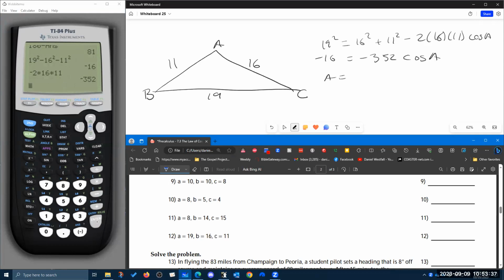So A is equal to arc cosine of 16 over 352.